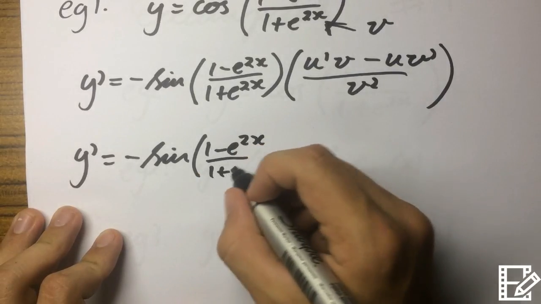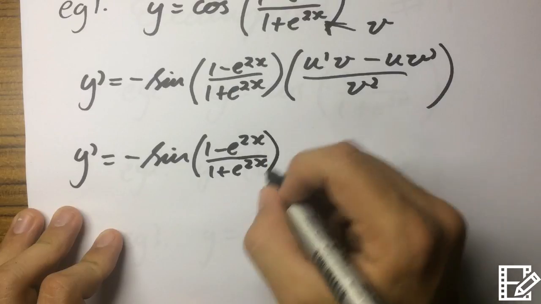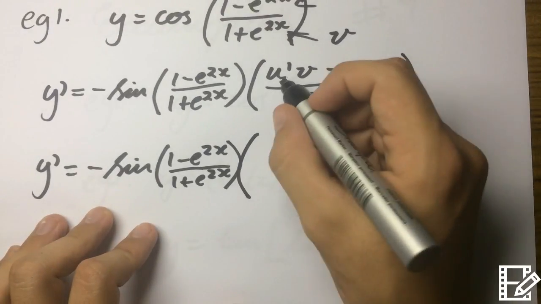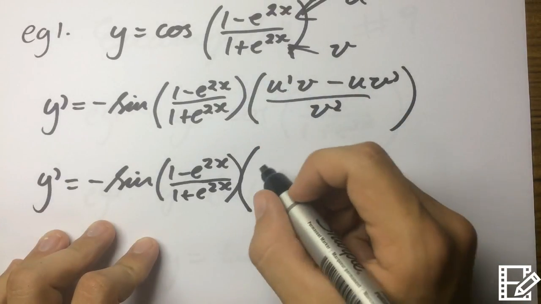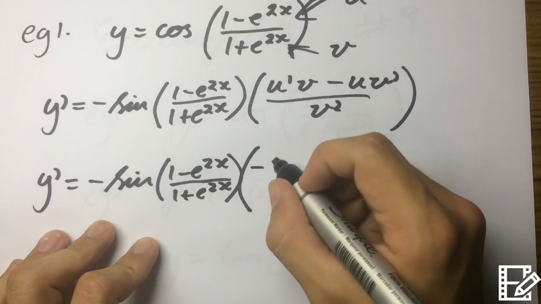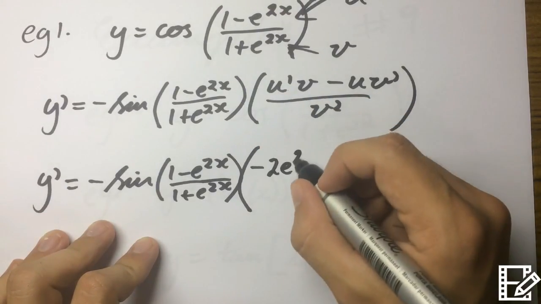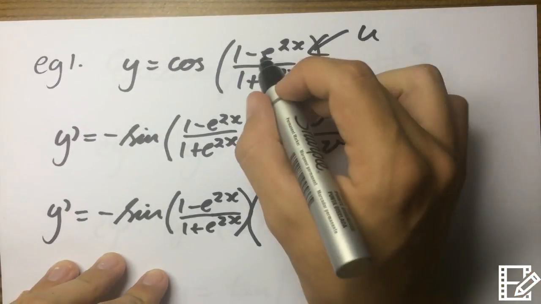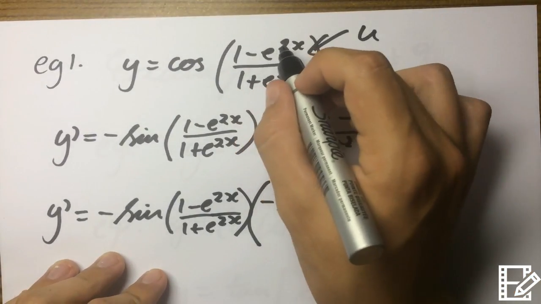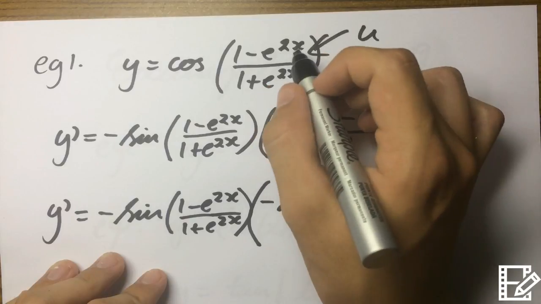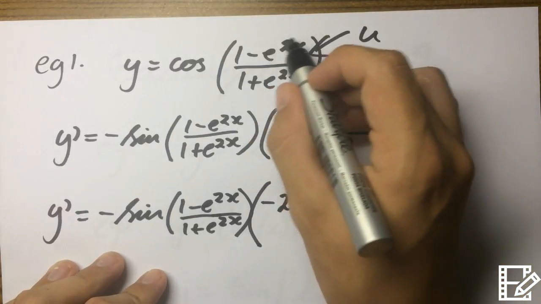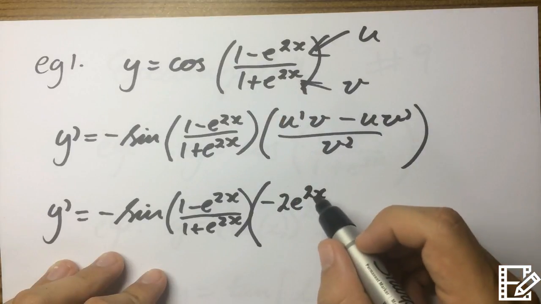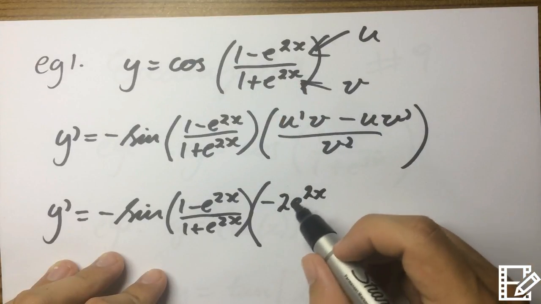Just going to rewrite this out. Now we can get on with the question. u is the top part, and the derivative is going to be negative 2e^2x. Why? Because the negative stays, and e to the 2x stays, but you multiply it by the derivative of the power, 2x. The derivative of that is 2, so it's 2e^2x.